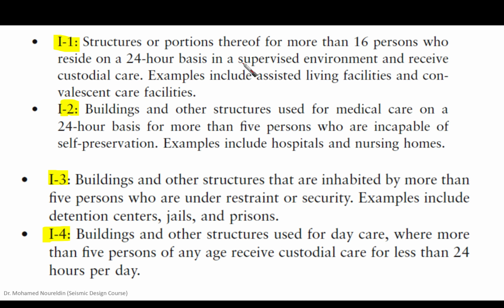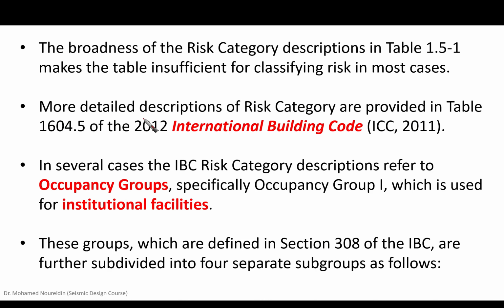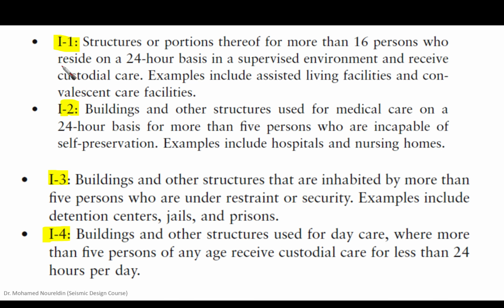So in the IBC, you are going to find 4 different groups under occupancy group I: I1, I2, I3, and I4.